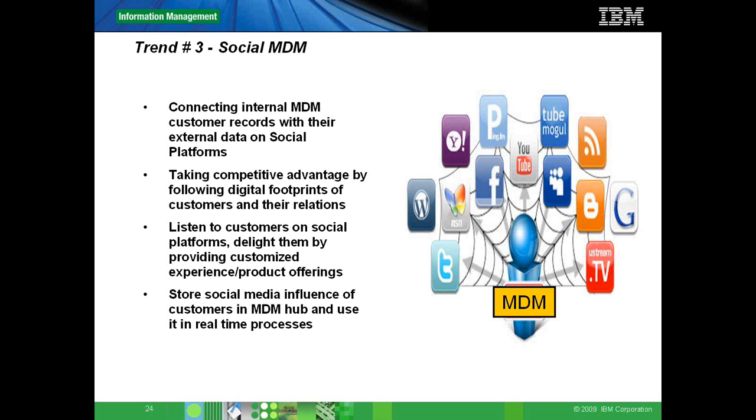It's not because we need to jump on the social networking bandwagon to keep MDM interesting and relevant, but because it makes perfect sense. As an organization, social MDM is about taking advantage of digital footprints of customers and, more importantly, the networks. That's this huge network. Every one of us has 300 friends on Facebook.